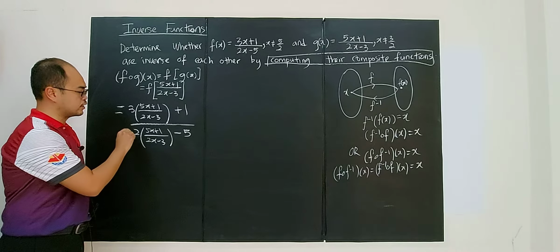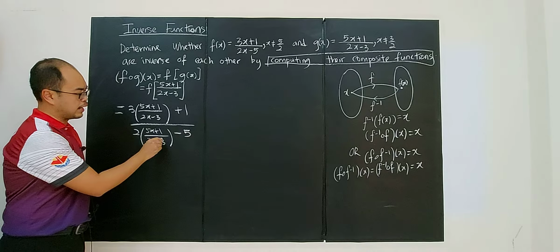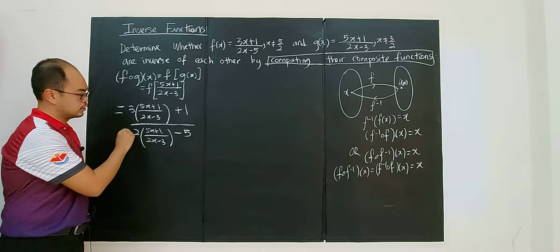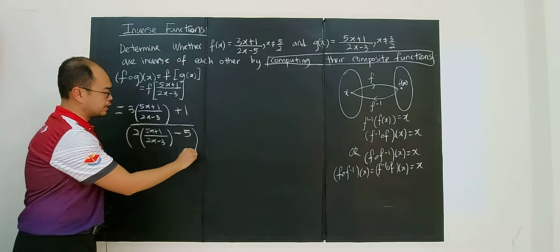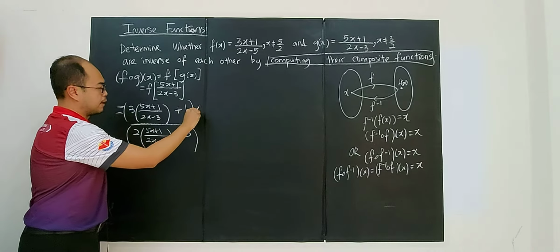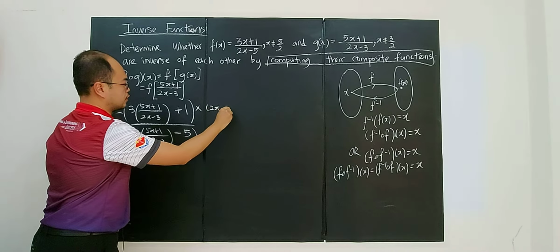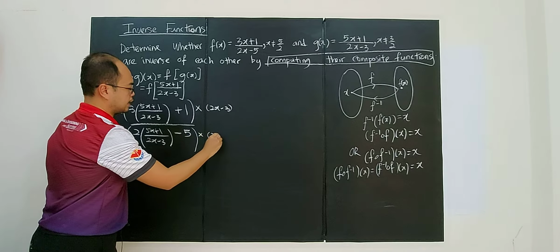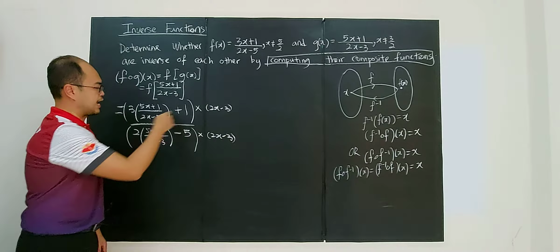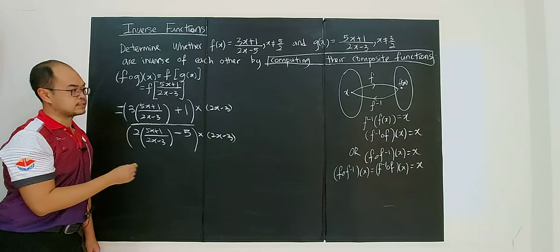The best way of solving this is to eliminate the 2x - 3. So you multiply the top and bottom by the denominator of one of the fractions here, 2x - 3, because you want to eliminate it so that it is easy to calculate.